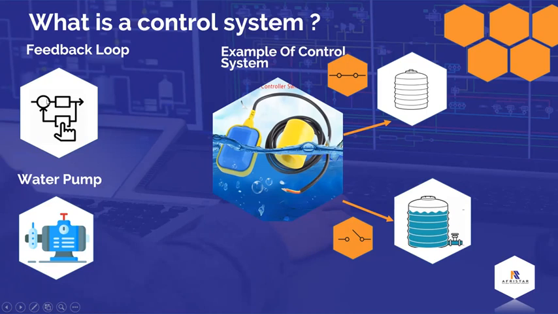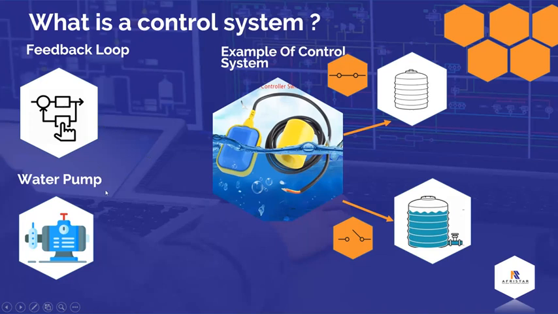It has input, then this rectangle represents the control system, this arrow represents output, and this arrow represents feedback. A closed loop system usually has feedback, but an open loop control system only has input and output.